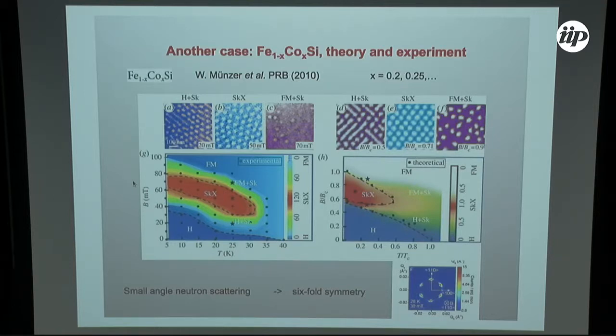Small angle neutron scattering shows very nice six-fold symmetry, which is related to the triangular structure of these skyrmions. I will come back to this in our models later.